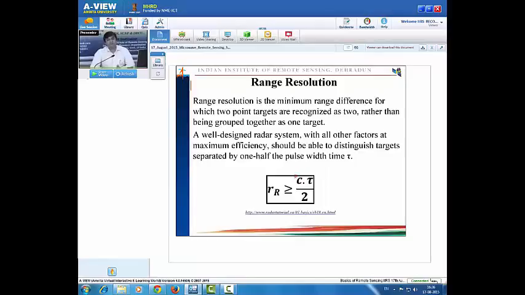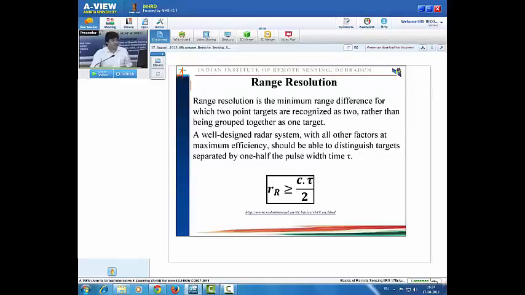And if the distance between the two objects is less than this amount, then both the objects will be merged and finally appear as one object in the SAR imagery. It means that the SAR sensor will not be able to capture them as two separate objects. At that time both will be captured as one object.